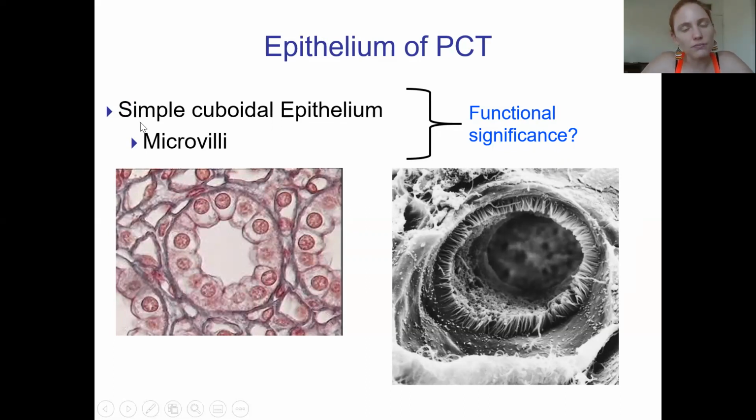Remember, when you have epithelial tissues that are simple, one single layer, that makes them very easy to reclaim through. And then on top of that, they also have microvilli, and microvilli are little hair-like extensions. And so the more microvilli you have, the more surface area you have, and the more surface area you have, the better or more efficient the absorption will be.